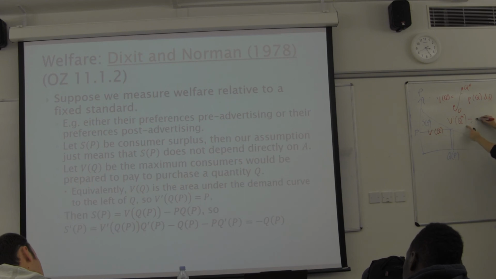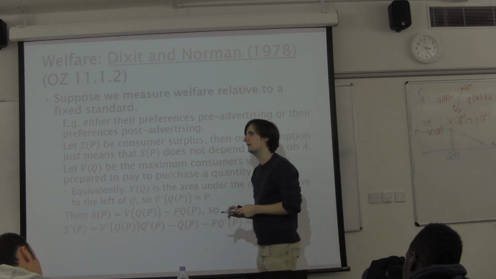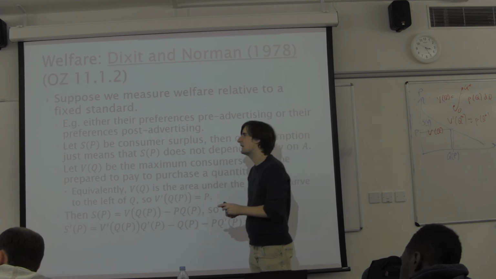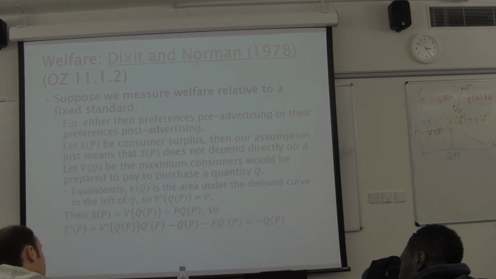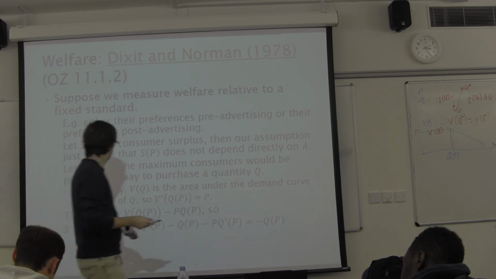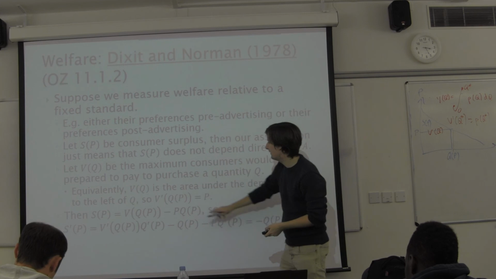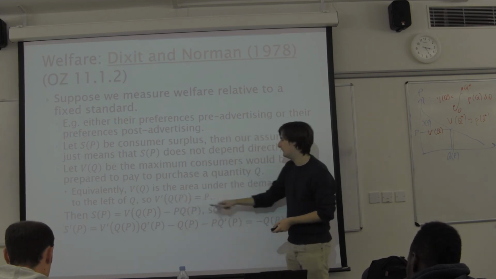So V dash of Q star is just the price at Q star. V is the whole thing, the triangle and the square. But when you increase Q, you get this big rectangle and you lose a little triangle. The little triangle is tiny, it's delta squared, so you don't have to worry about that. So V dash of Q of P is P.